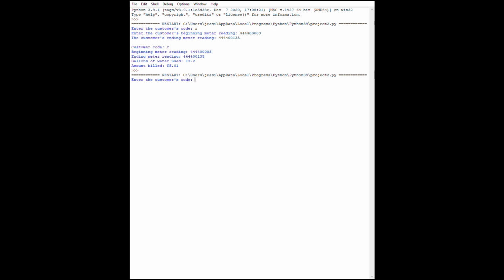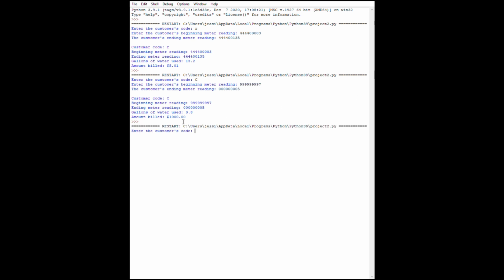So if I do another one, let's do capital C, and then I'll enter okay, it's going to return back 0.8 and $1,000, and that's exactly what was there.